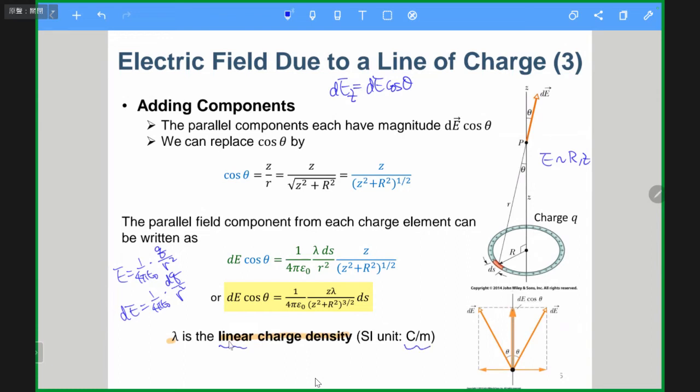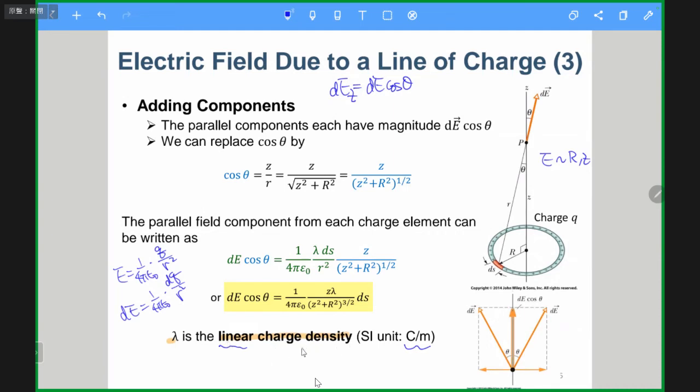If it is linear, that means we consider this ring to be very thin, without any thickness, so we consider it a line rather than something with some surface area. Okay, so in this case, we consider lambda to be a linear charge density.